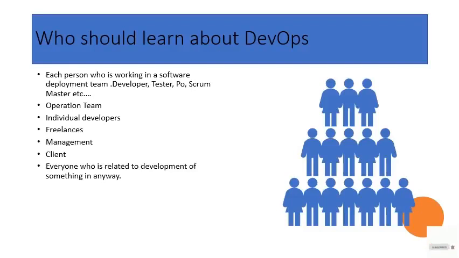The next point is freelancer. If you are a freelancer and you need to manage your code, sometimes what happens? You write your code on your system, and because of some reason, the system crashes.